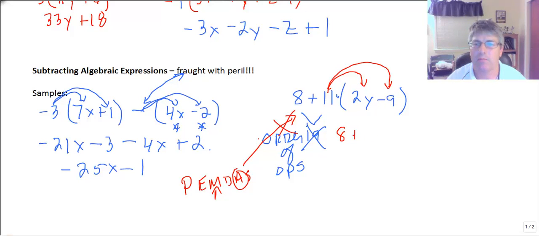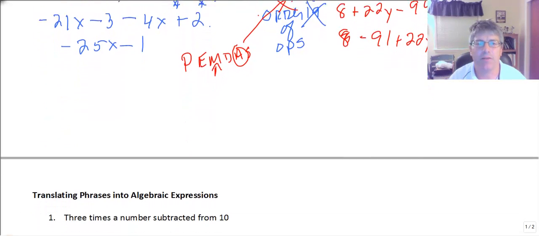So we have 8 plus 11 times 2 is 22y minus 99. And now we can combine our like terms. We get a very different answer here. We get negative 99 minus 8, that would be negative 91 plus 22y. And we've simplified, those are like terms.